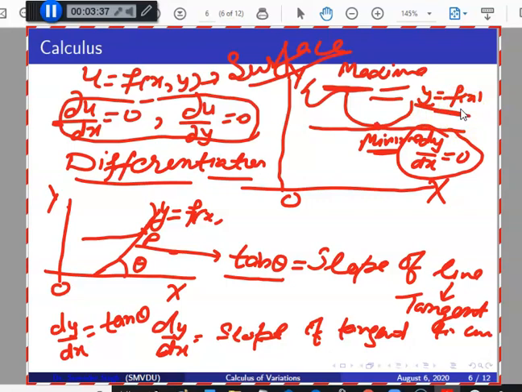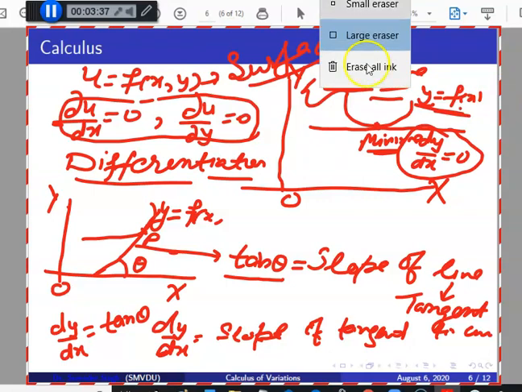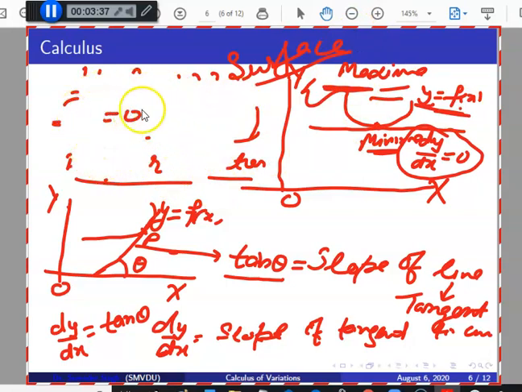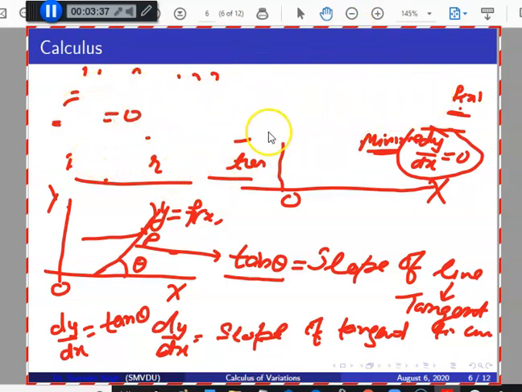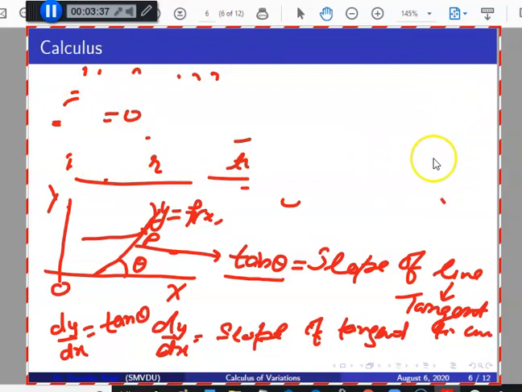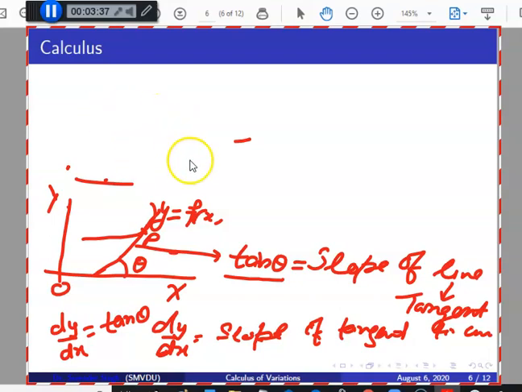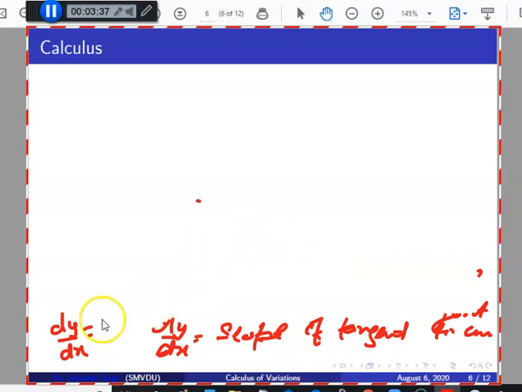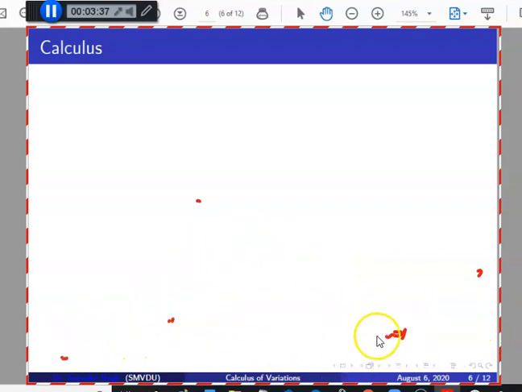Apart from these things, in calculus, what do we study? In calculus, we study integration of a function. We also study the solution of differential equations. Integration of functions, solution of differential equations.